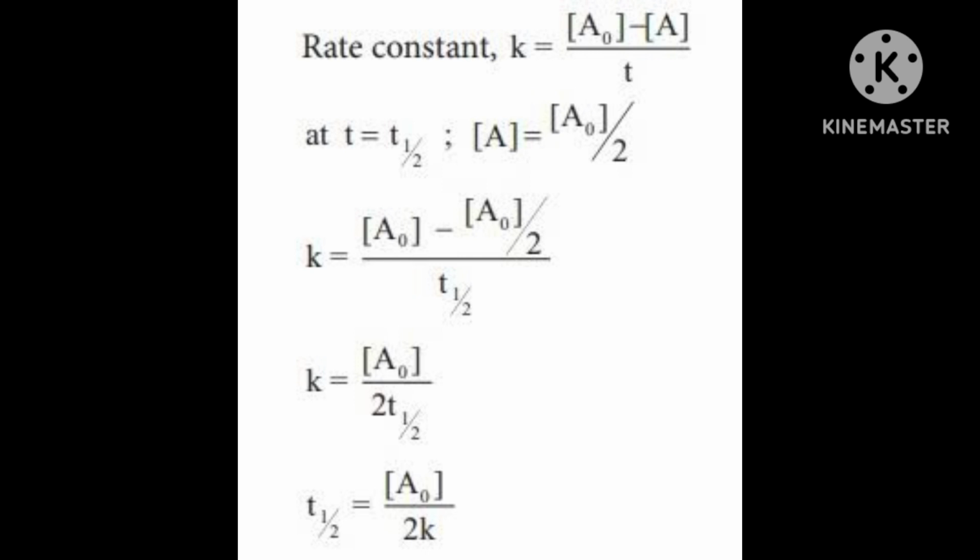Now in this equation, K is equal to 2.303 divided by T log R0 divided by R0 minus 0.999 R0.